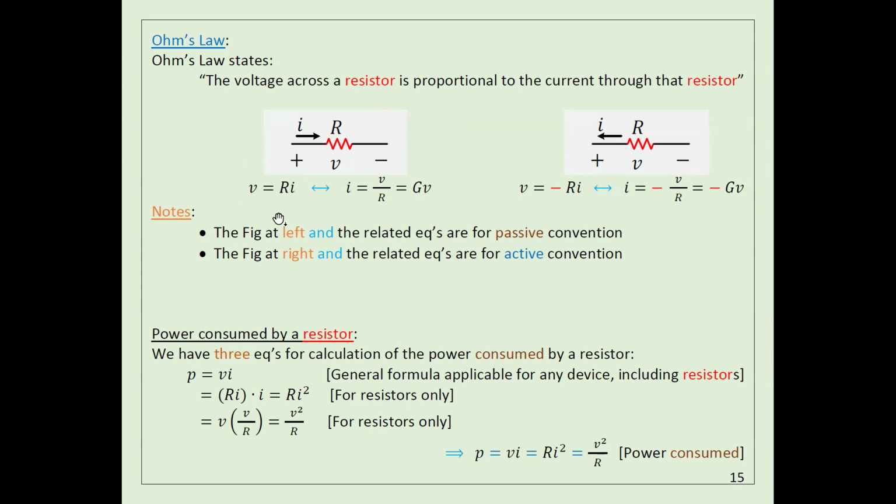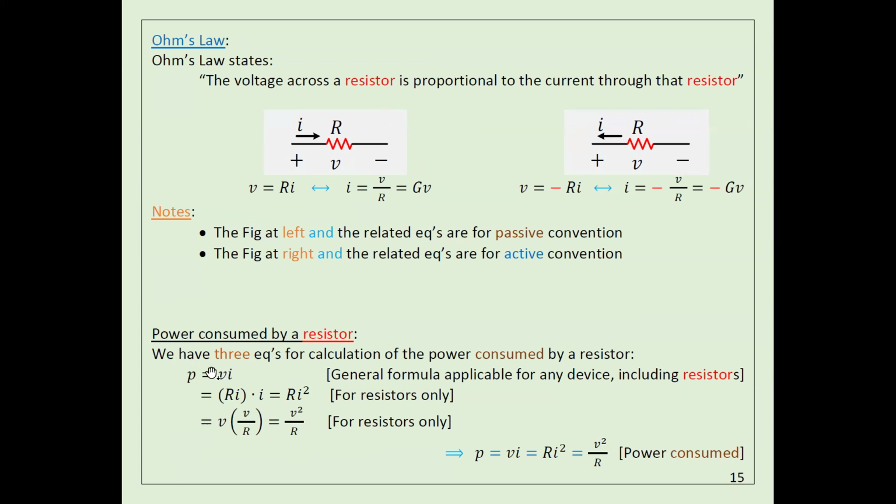And then using this one, I was able to get a new formula for the power. So P equals VI is a general formula for any element, but for resistance, because I have a relation between V and I, I can say power equals I squared R or V squared divided by R. Be careful, these two formulas are only used for resistors, okay?